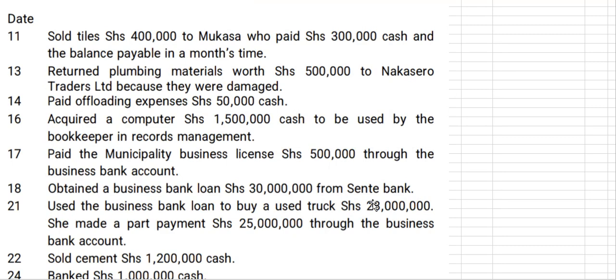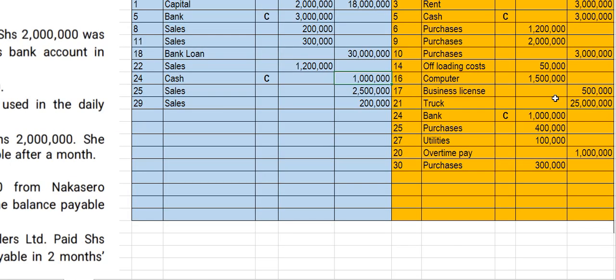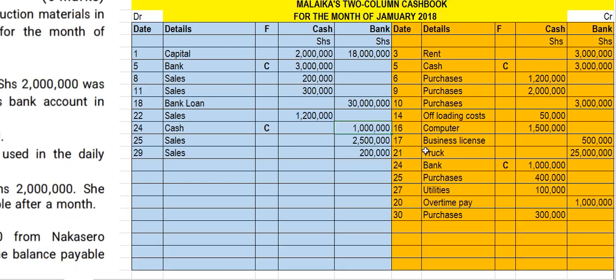So I will record the 25 million. The balance of 3 million, I will not record in the cash book because we have not yet paid. I'm looking at how much the business has paid. The business has paid 25 million. So in the bank column of the cash book, you see there's 25 million, details truck, as you can see.